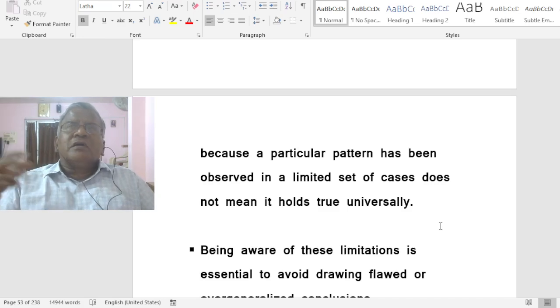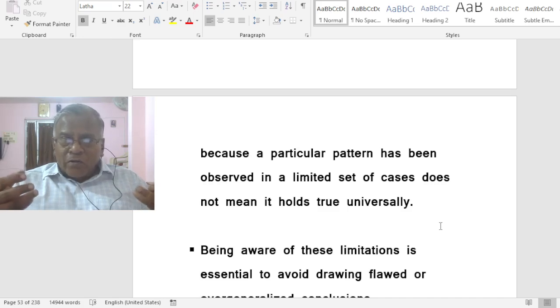All the coins in the bag need not be 2 rupee coins. Only in limited cases have you observed 2 rupee coins, or you have counted 2 rupee coins up to 10 times. It doesn't mean that all the coins in the bag are 2 rupee coins. That is the idea here.